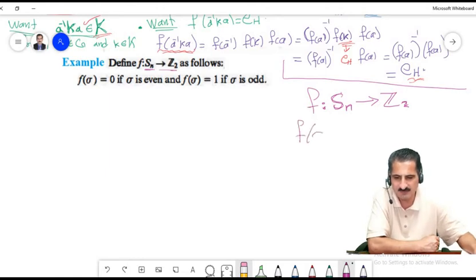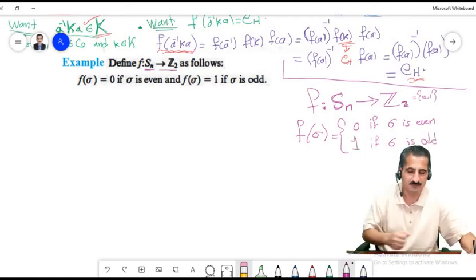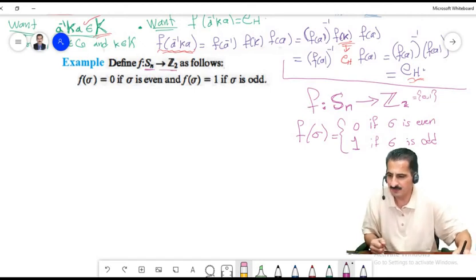It takes a permutation sigma, and if sigma is even, then I want the result to be 0, because this group consists only of 0 and 1. And if sigma is an odd permutation, then we want the answer to be 1. Now, prove that f is a homomorphism.